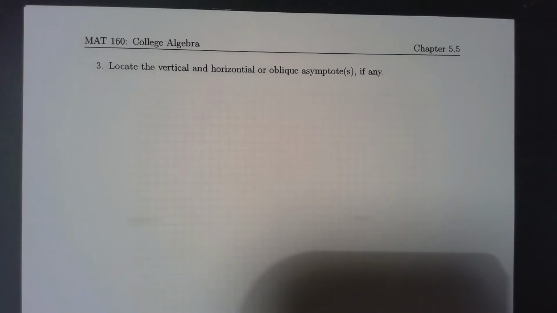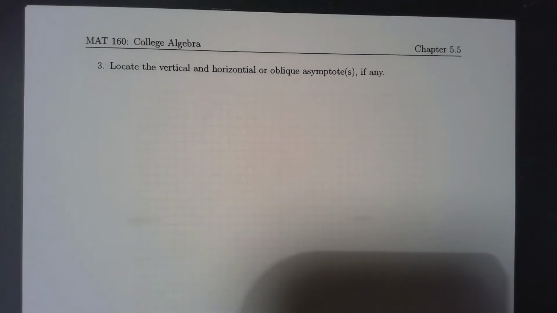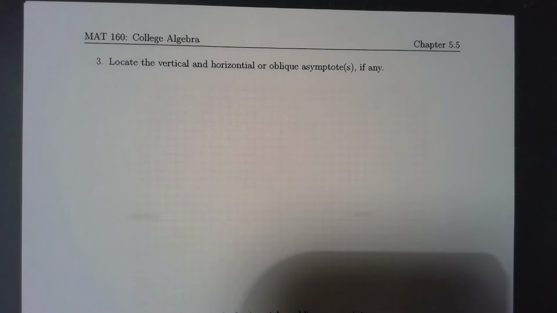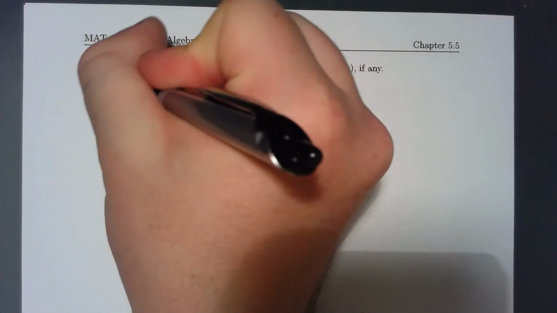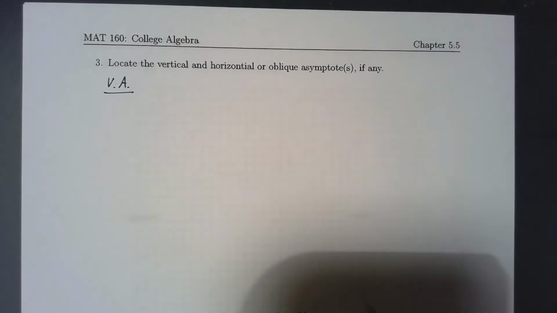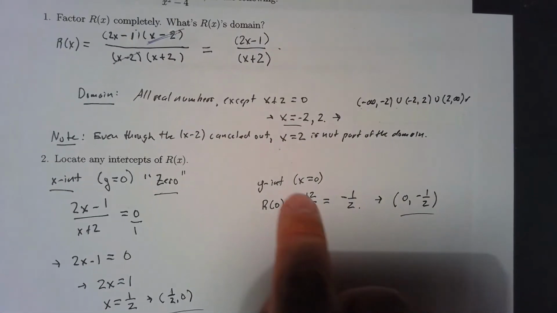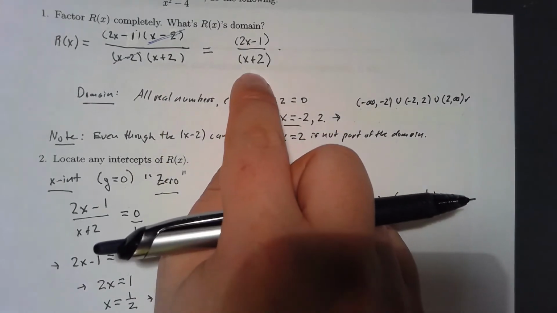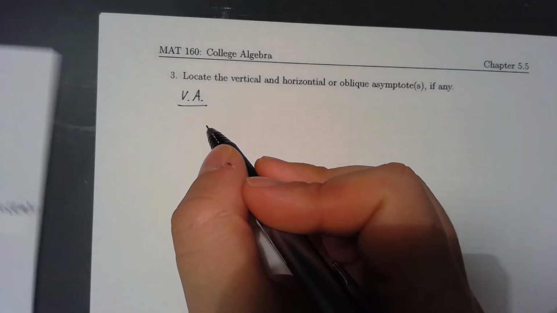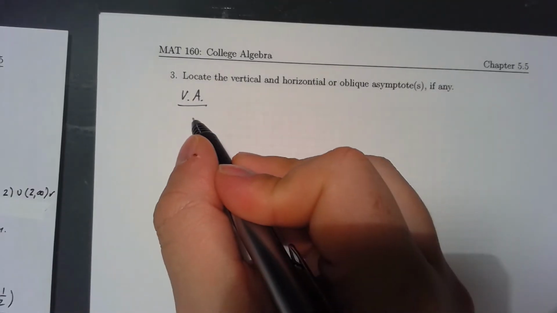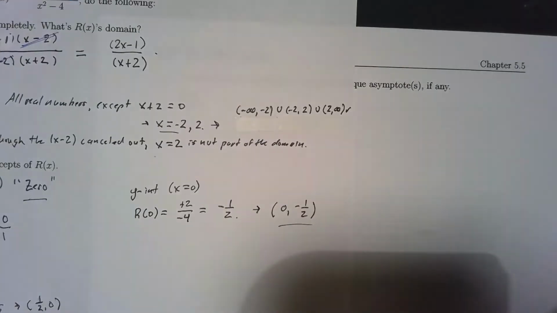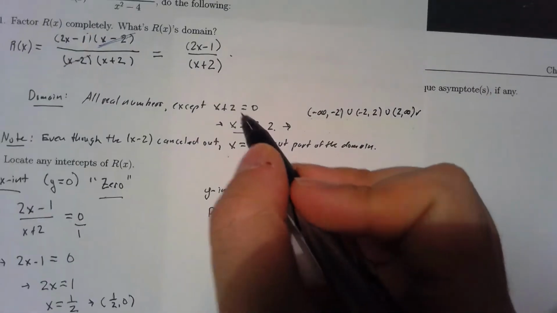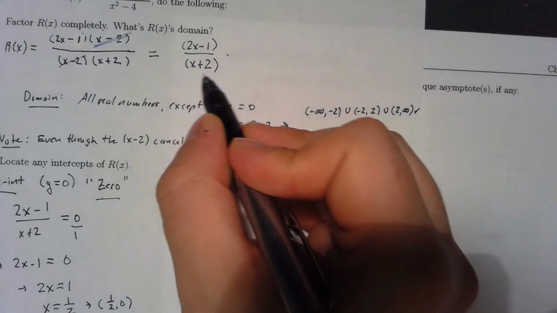Locate the vertical and/or horizontal or oblique asymptotes of the function. All right, so the vertical asymptote is, we already did that work. When the rational function reduces, you get 2x minus 1 over x plus 2. So x equals negative 2 is going to be the only vertical asymptote.